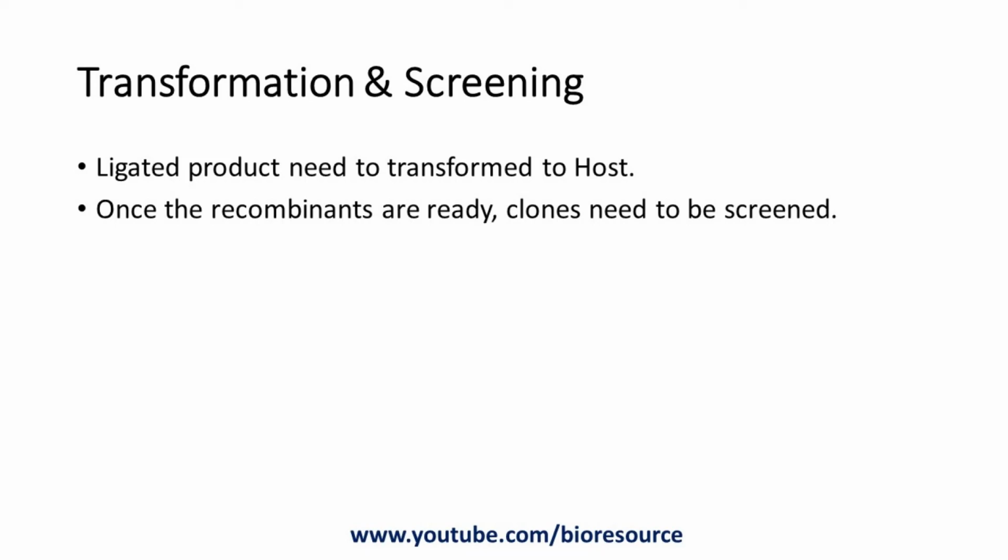For the heat shock method, 42 degrees for 30 to 45 seconds is typically used, and after that the cells are grown in media without antibiotics for around 1 hour. After this, the culture is plated and incubated at 37 degrees Celsius overnight.